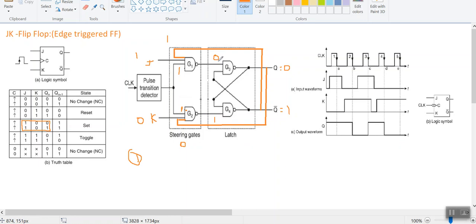Now both inputs for the G3 and G4 NAND gates look like an SR latch. When the SR latch inputs are 0 and 1, it means the set state is occurring. That is what I am representing here: the set state is occurring.